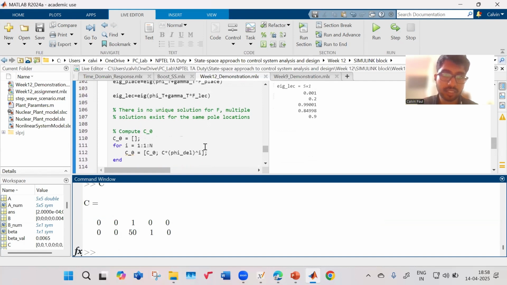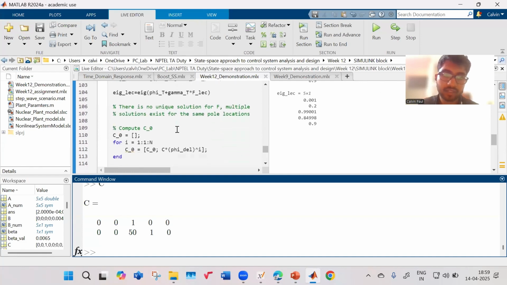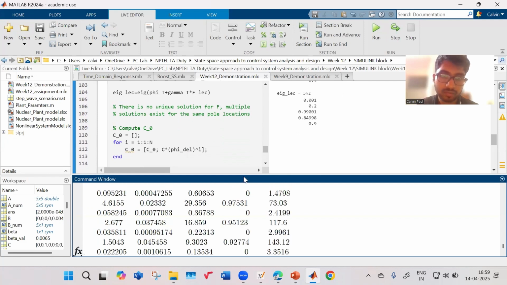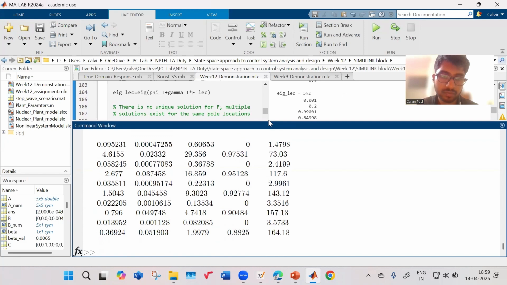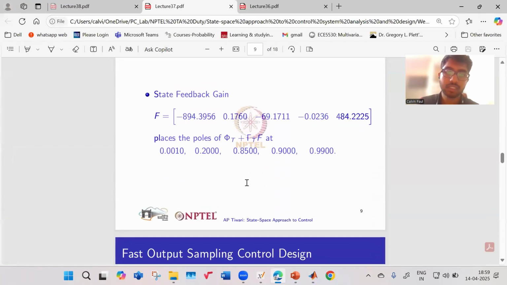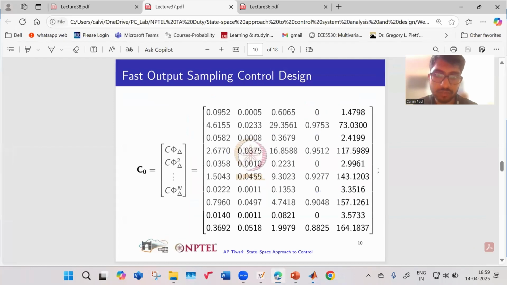Now, if lecture you put eigenlectures fine. C naught, let us check C naught. So what is our C naught? This is our C naught. This C naught is 0.0952. We have 0.095231, then 0.0047255.